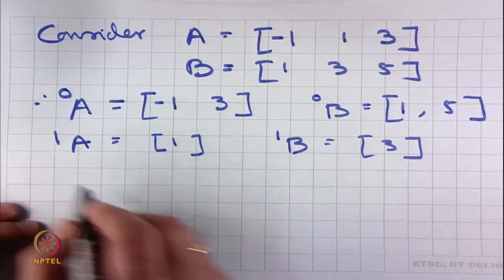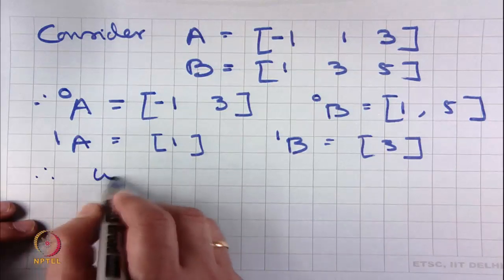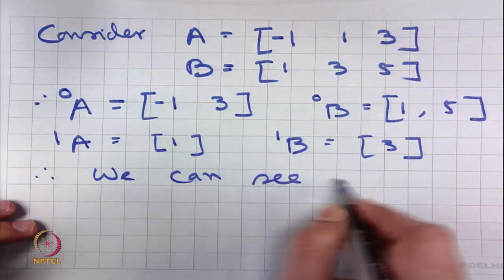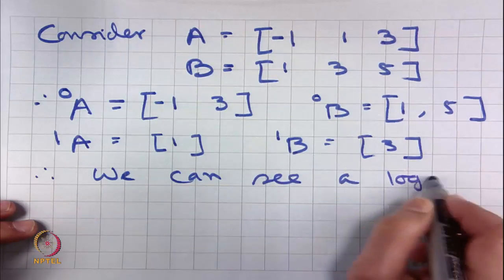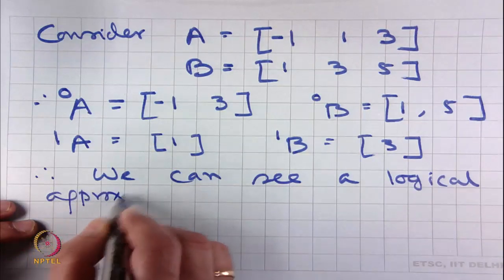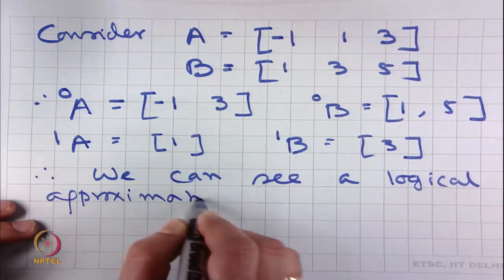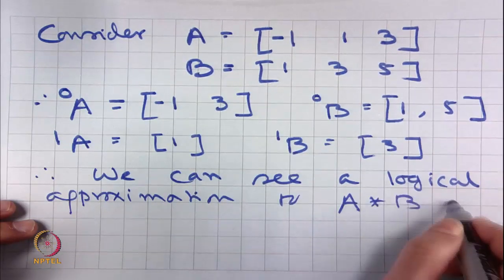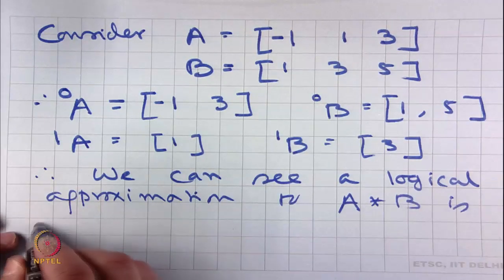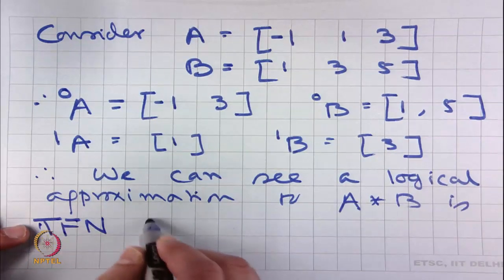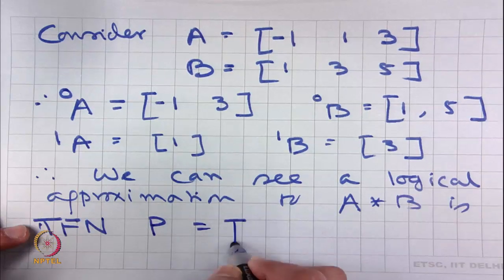So, together we can see a logical approximation to A star B is TFN P, which is equal to.